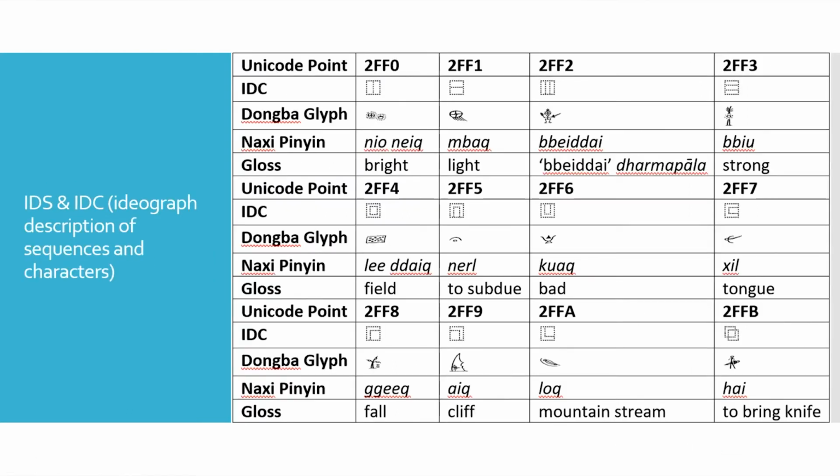Under the lens of computational encoding, this Dongba script can also be analyzed through the ideographic description sequences of the characters. So from the composition, the structure of the glyphs, there are 16 patterns of this kind of composition.